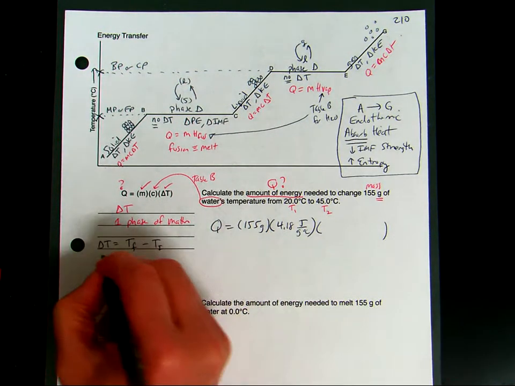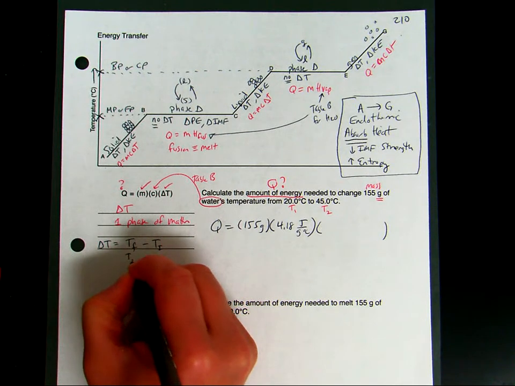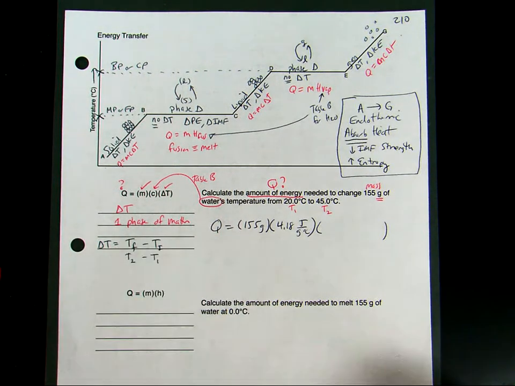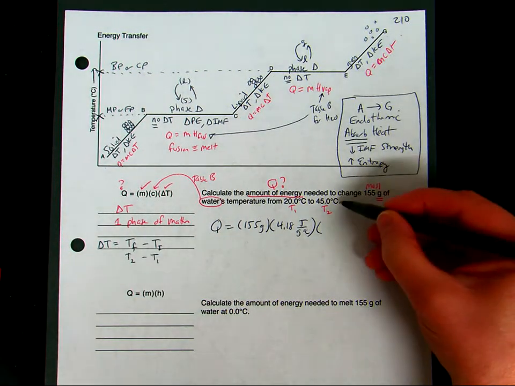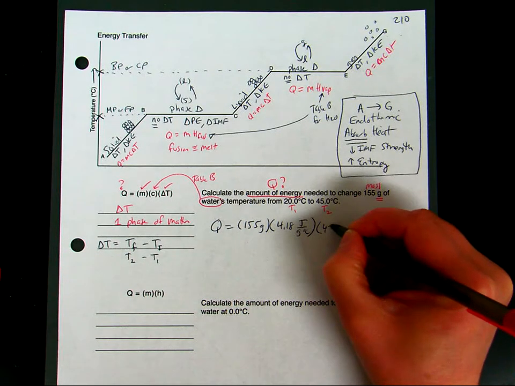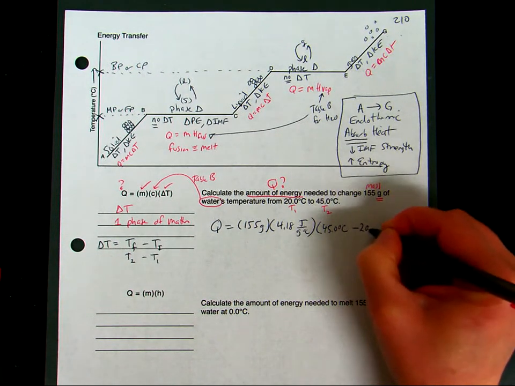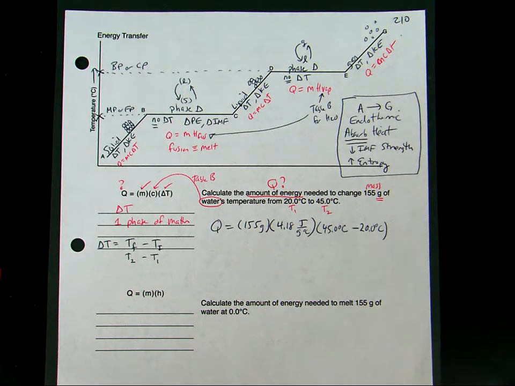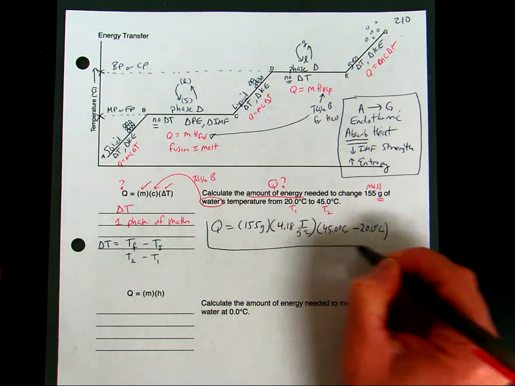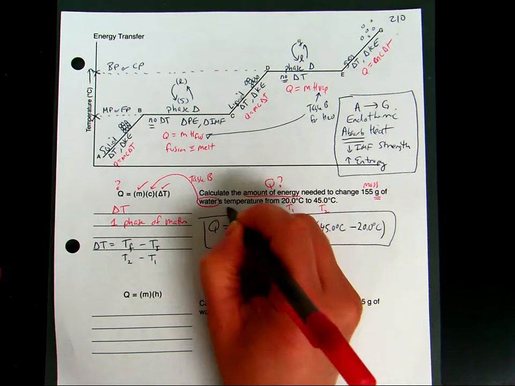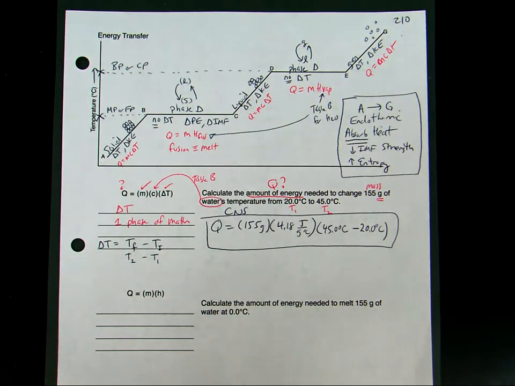Or if this was math class, maybe instead of final, it'd be second temperature minus the first temperature. So our temperature ends at 45.0 degrees Celsius minus where it started, 20.0 degrees Celsius. So this right here is a great example of showing your correct numerical setup.